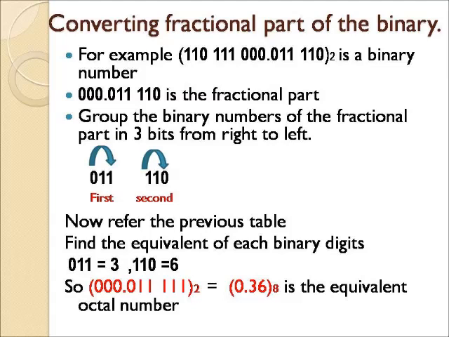Like in the case of the integral part, here also we are arranging the digits of the binary as groups of 3, but this time the arrangement is from left to right. So 011 forms the first group, 110 forms the second group.